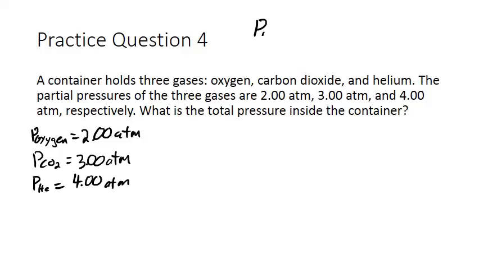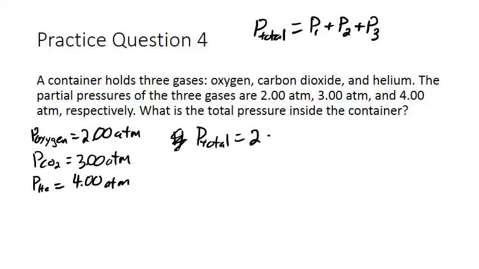This is Dalton's law, so P total is equal to the pressure of each gas added together. In this case, we have 3 gases, so all you have to do is add these up. 2 plus 3 plus 4 comes out to 10 ATM. That's your total pressure. So these problems are really easy, really straightforward.